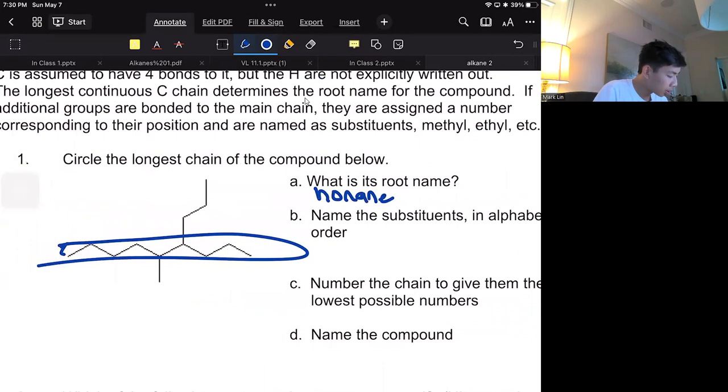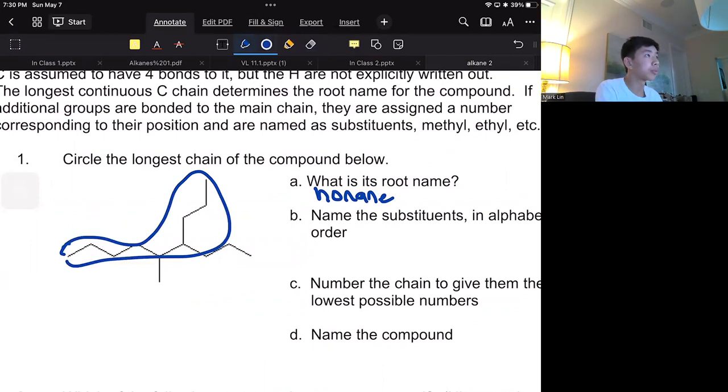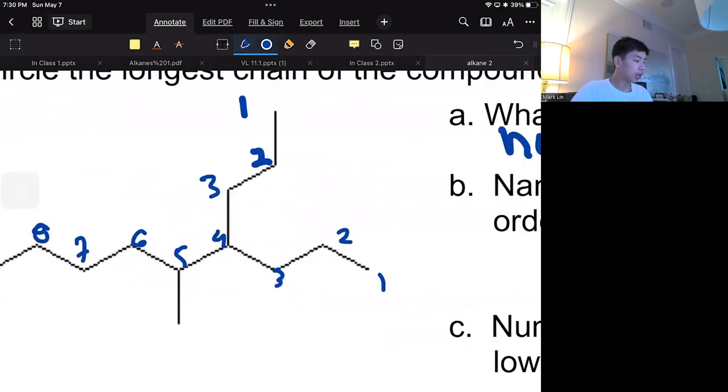The reason why, right now, it doesn't really matter, because either way we number them, 9, 1, 2, 3, it's still going to be, yeah, your first substituent will be number 4.